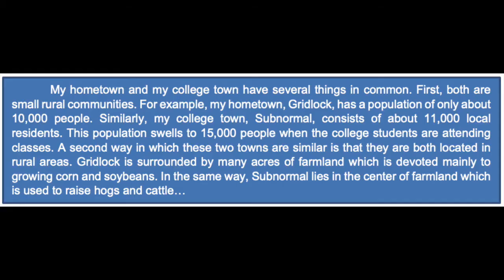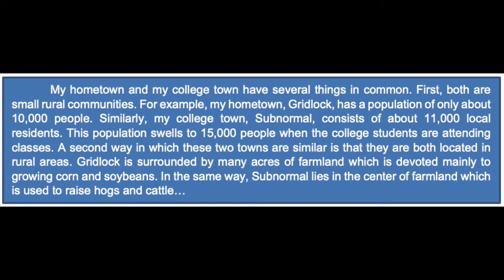All right. Now, what's different about them? Perhaps you can say they differ in the number of people, but not that much. Okay. And then they differ in ways and means, like in Gridlock, it's composed of many acres of farmland devoted mainly to growing corn and soybeans.